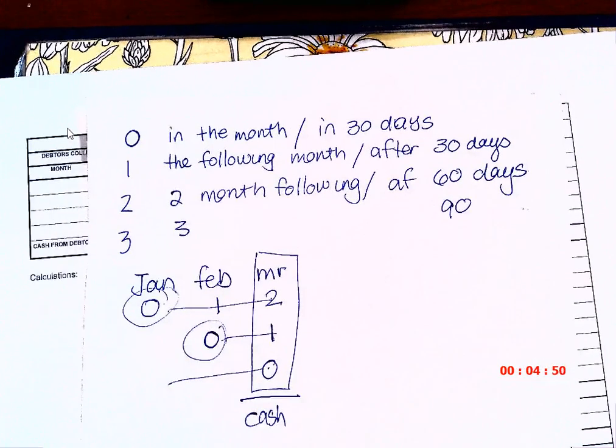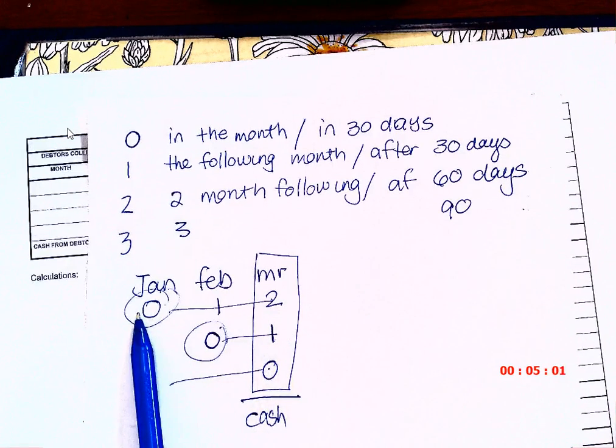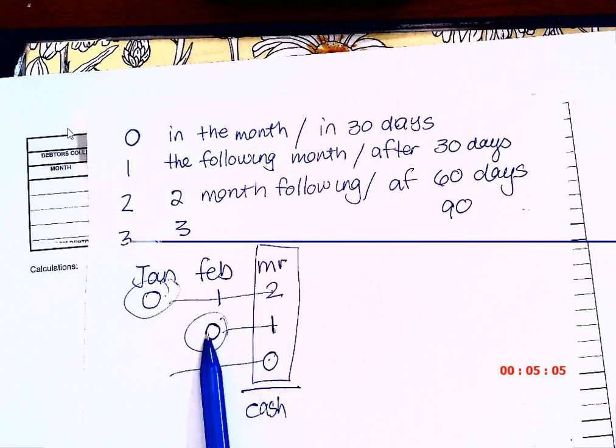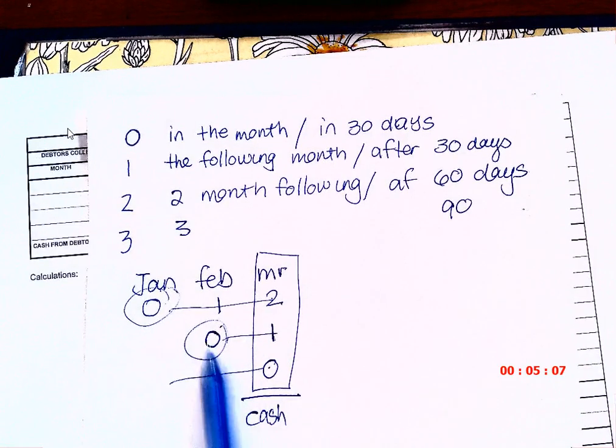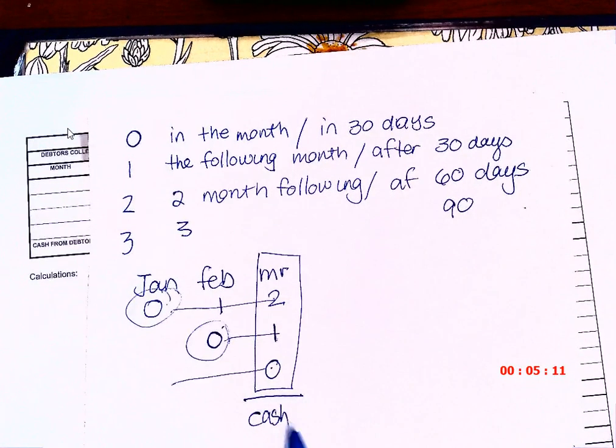Okay, I'm repeating again. So if I look at March, I will have people who pay me who bought in January. I can have people who pay me who bought in February. I can have people who pay me already who bought in March.